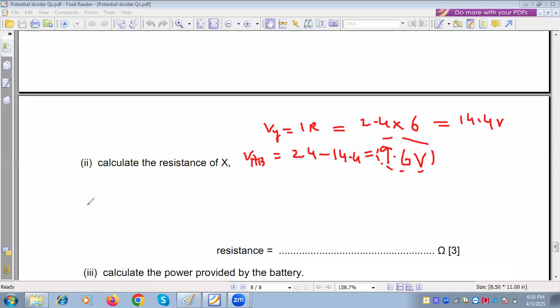That is V over R total. R total is V over I. Total voltage between A and B is 9.6, and total current is 2.4.